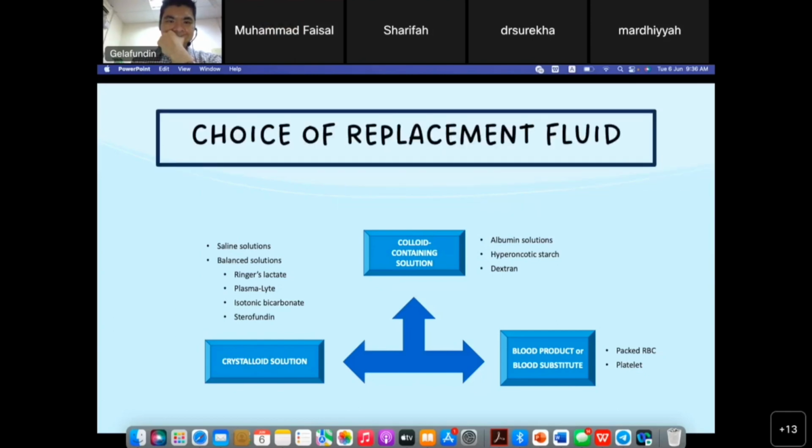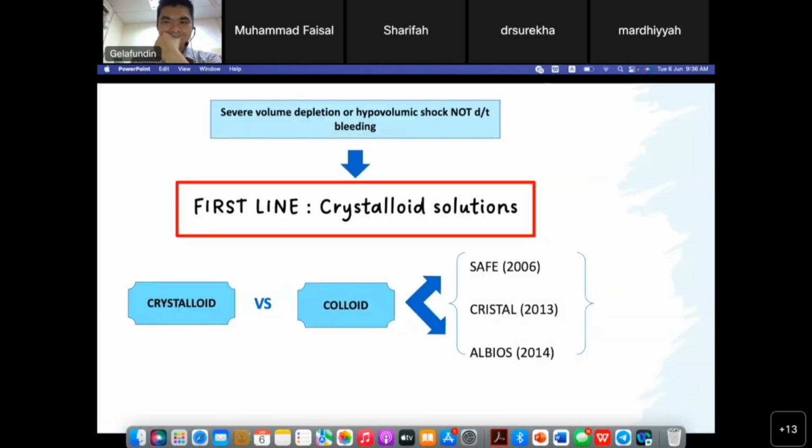For the choice of replacement fluid, essentially it is according to what type of fluid that we lost. For hemorrhagic shock or bleeding, we can replace with blood products. For non-hemorrhagic shock, or shock not due to bleeding, we can choose either crystalloid or colloid-containing solution.